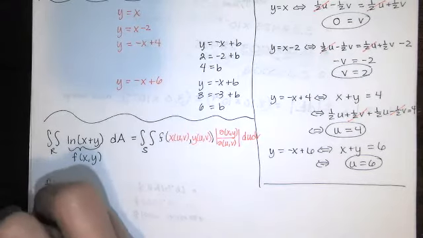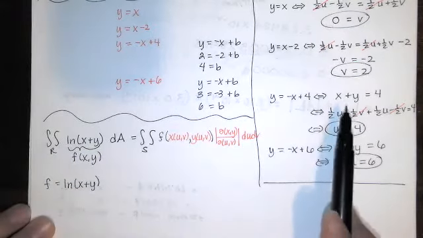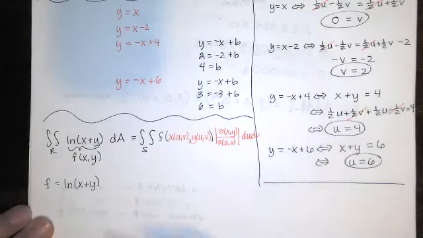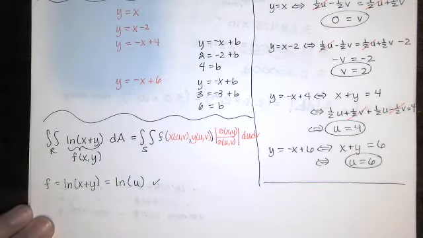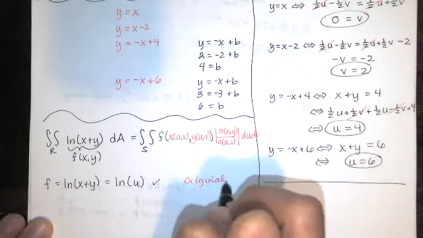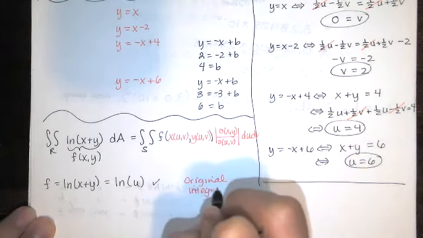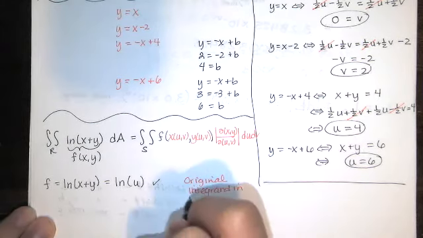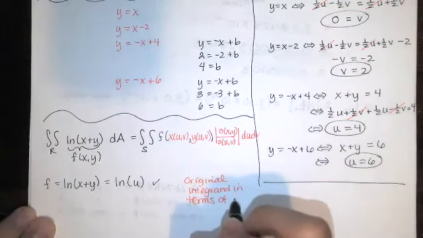The integrand is natural log of x plus y, but we saw over here that x plus y simplified to be u. So this is just natural log of u. So that's our new integrand, or our original integrand written in terms of u and v. So you always want to get the original integrand in terms of the new variables.